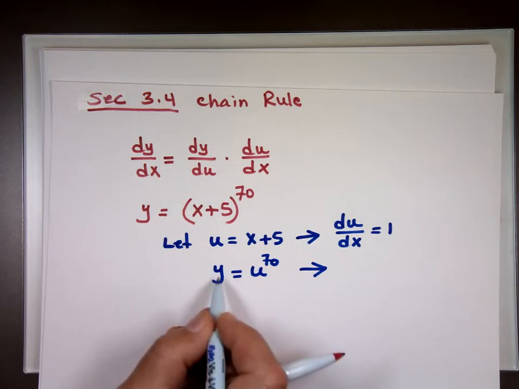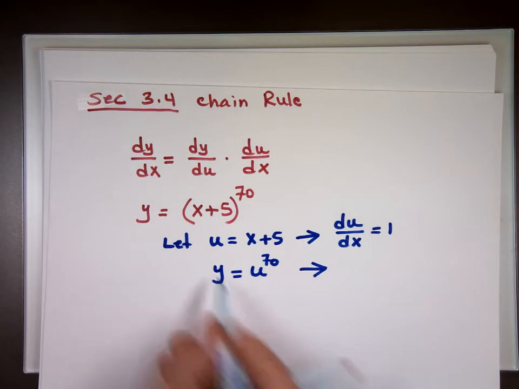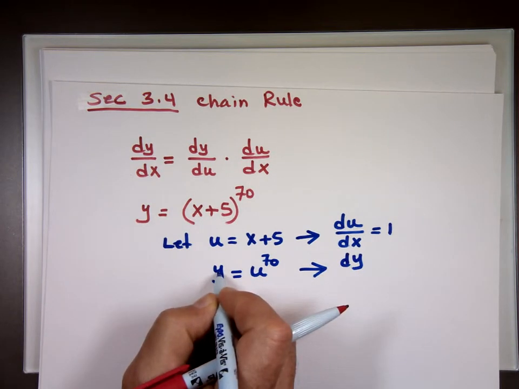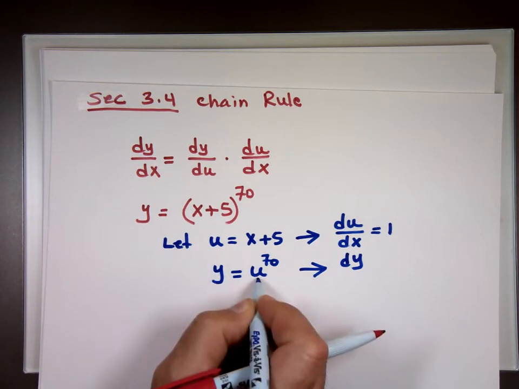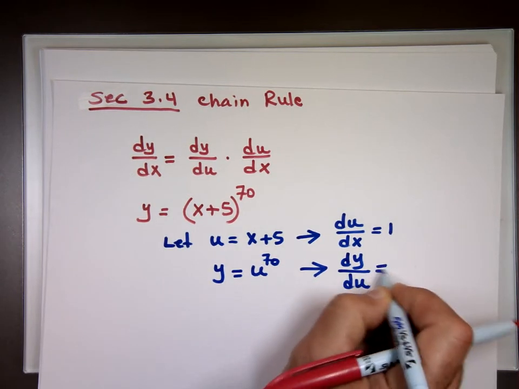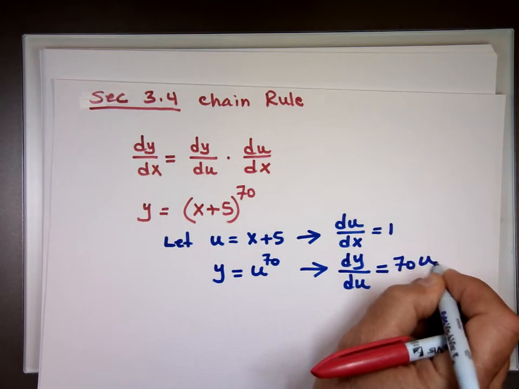No, but what do we call it first? dy/du. Sure, because the dependent variable is y, the independent is u. dy/du, the derivative of that is going to be what? 70 u to the power of what?